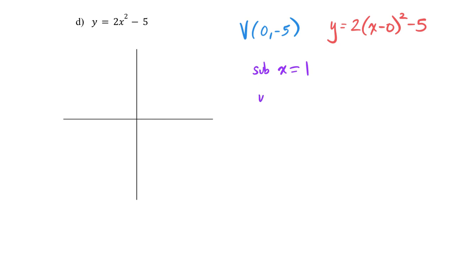And now when you sub in 1, you get 2 times 1. There's your -3. I just want to show you something, and this is about accuracy of sketch. If you put that as your vertex, you then say (1, -3), reflect it.